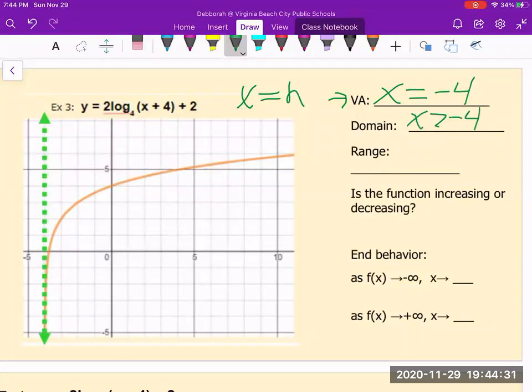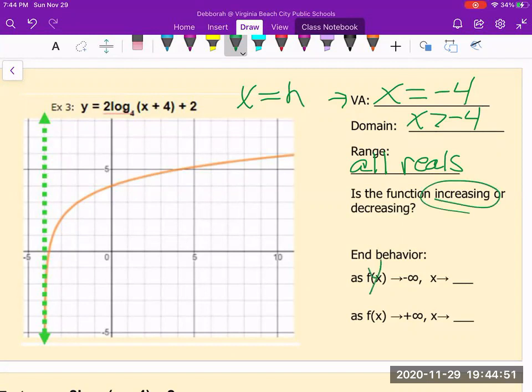Our range is all reals. The function from left to right is going up, so we are increasing. F of x, we'll just replace that with a y.